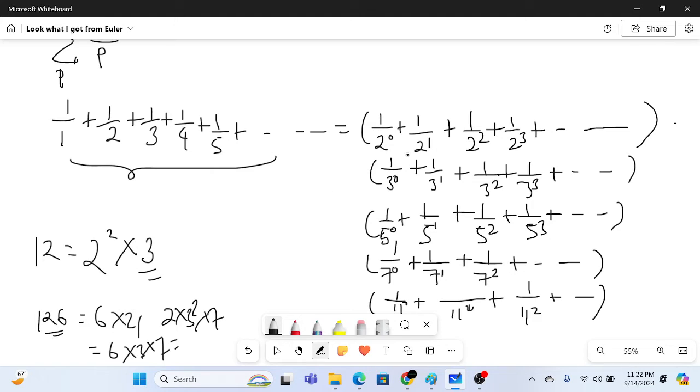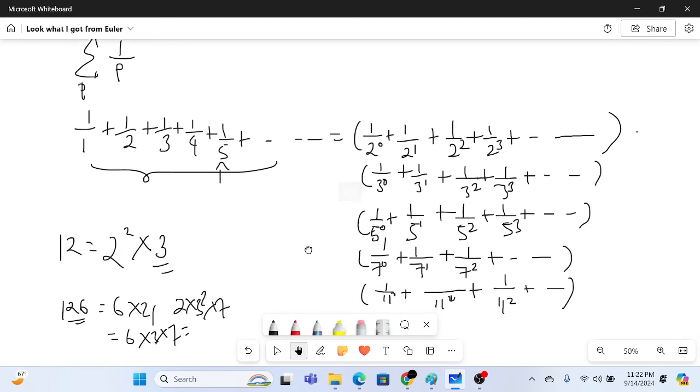So this shows that any number can be achieved by taking the appropriate terms from each of the following series and multiplying them to get the required term that you want over here. So this shows that due to the unique prime factorization of all the numbers, this is possible.